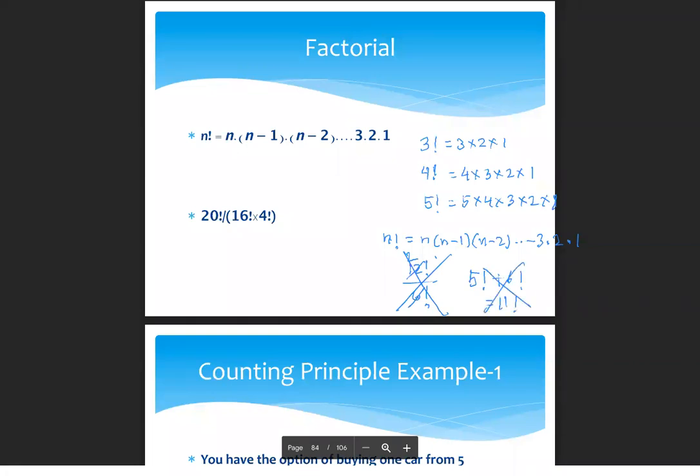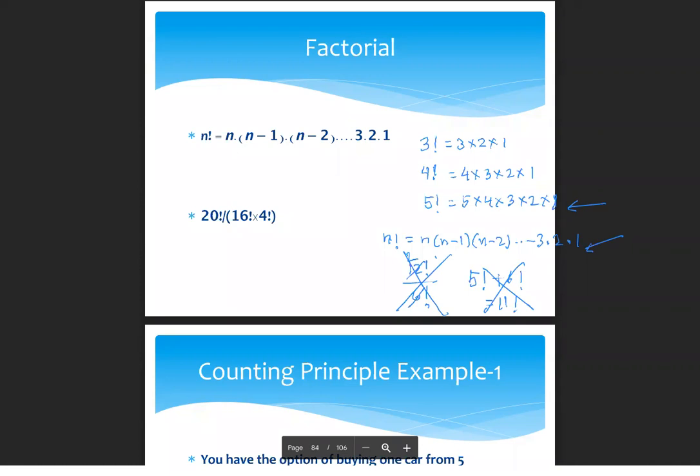No, please don't do that. Or you cannot multiply the factorials or subtract the factorials. You have to simplify it into this format, or this format, the same thing, and then you do the regular arithmetic operations that you had.